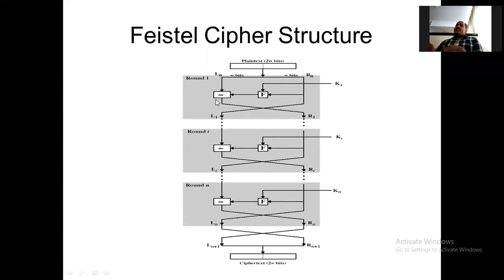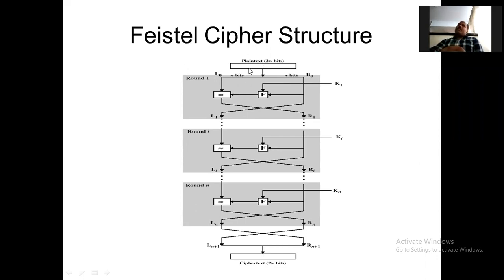It is very difficult to hack the Feistel cipher because there are multiple rounds and different functions. That's why we use only block cipher algorithms everywhere.